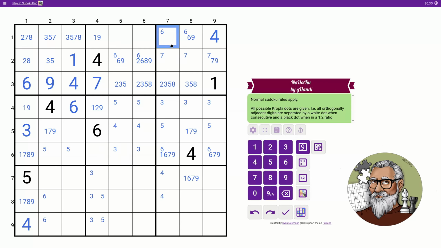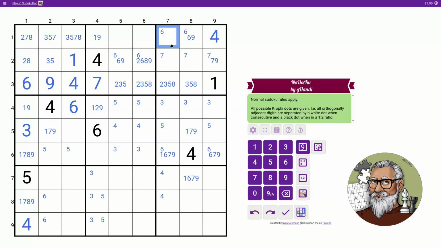What could this be? It's not 1, but right, it can be 2. It can't be 3. Can't be 4 or 5. No 6, no 7. 8 or 9 are still plausible.